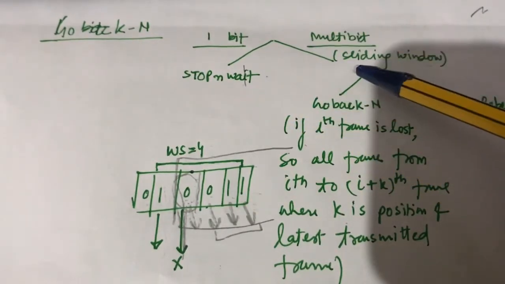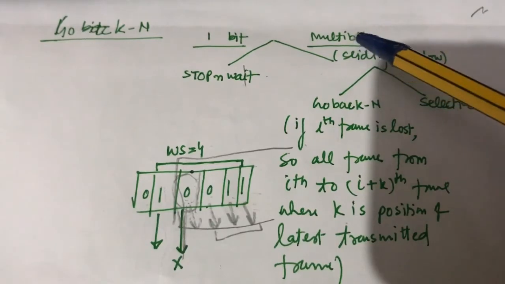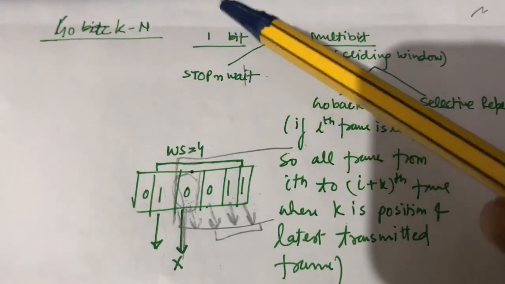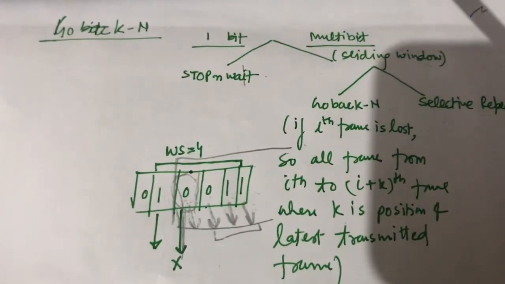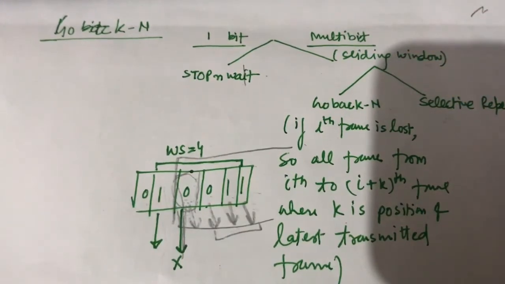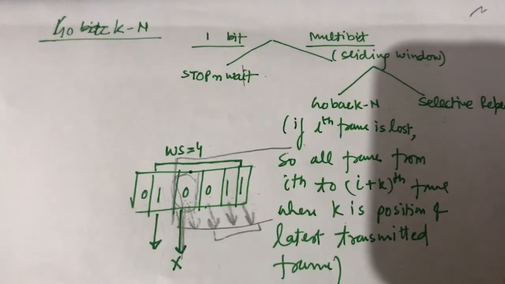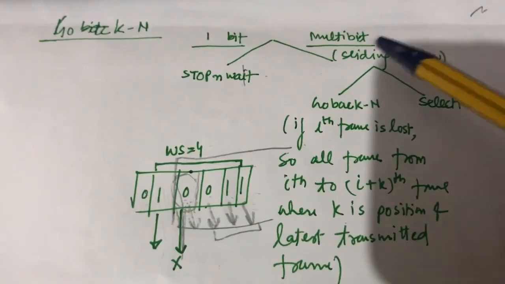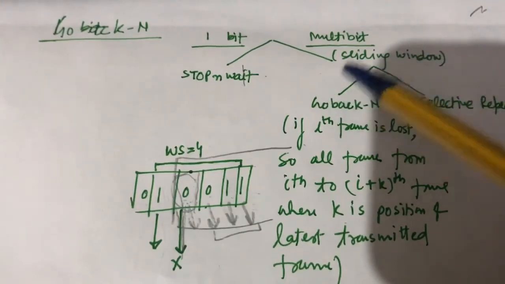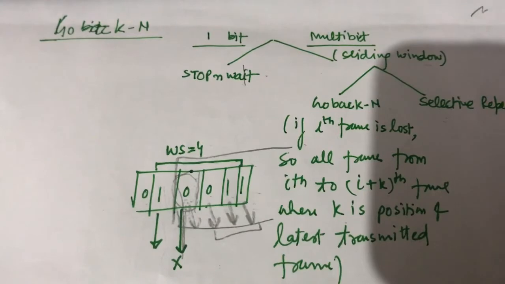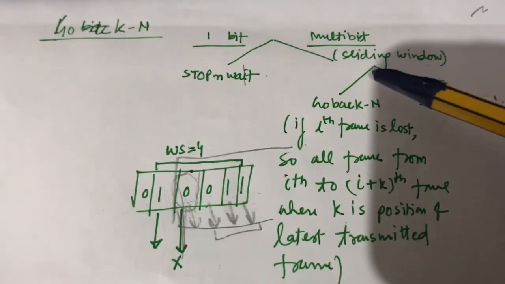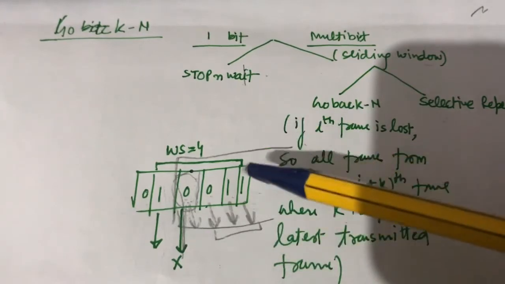But if we see multi-bit transmission, where more than one bit is transmitted from sender to receiver as a bunch of bits, this bunch of bits is collected in one fixed size window, and this window can slide from frame to frame and transmit the frames accordingly.